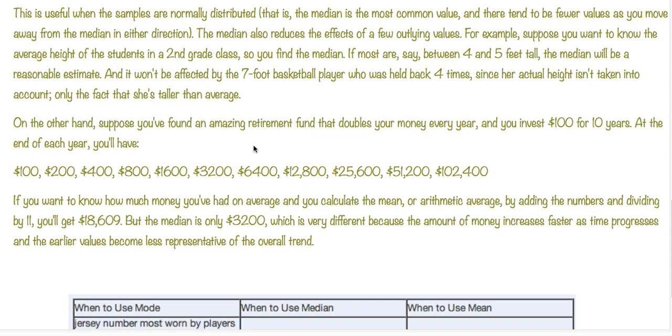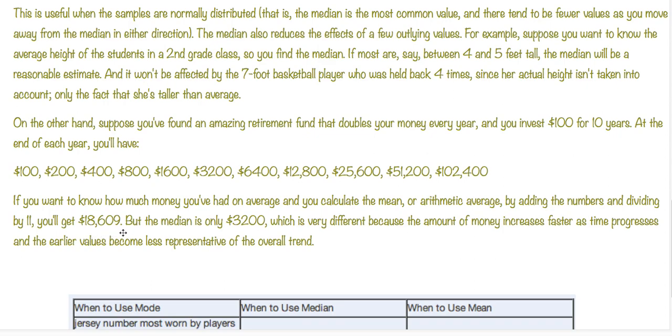On the other hand, suppose you found an amazing retirement fund that doubles your money every year and you invest $100 for 10 years. At the end of each year, you'll have, let's say, these amounts: 100 for the first year, 200, 400, 800, all the way to 102,400. Okay, now look how this becomes misleading. If you want to know how much money you've had on average and you calculate the mean, by adding the numbers and dividing, you'll get 18,609.